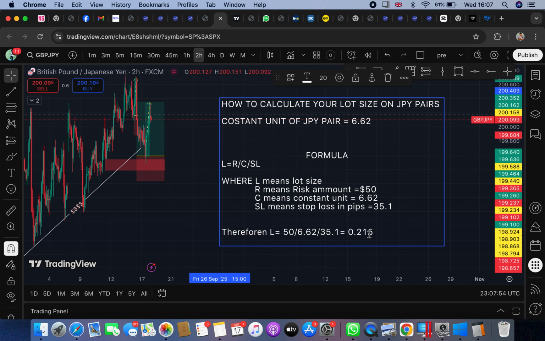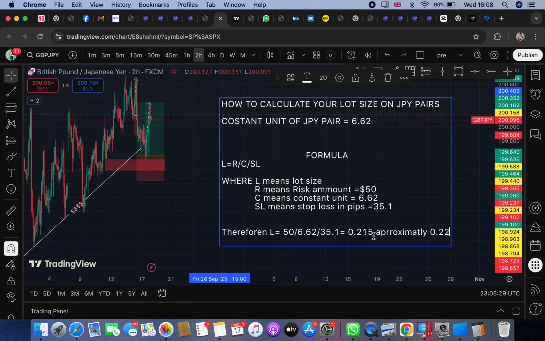You can accommodate just up to decimal place 2, that is 0, 1, 2. Based on this being from 5 and above, you now approximate this, which is approximately 0.22. Yeah, how do we get the 0.22?